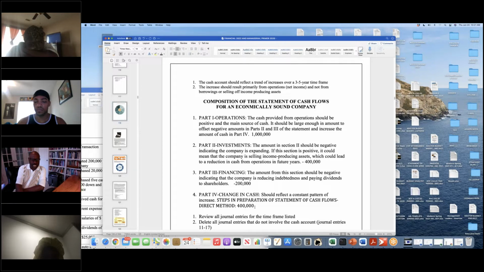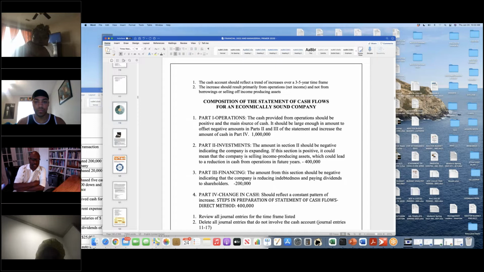Once again, because we're using accrual basis accounting, we have to ensure that we have enough cash to pay our current bills. And so that's the purpose of the statement, to see if the company is generating cash. And that cash has to come from operations. Operations is like your salary.